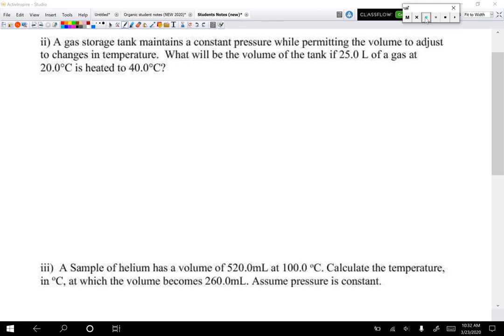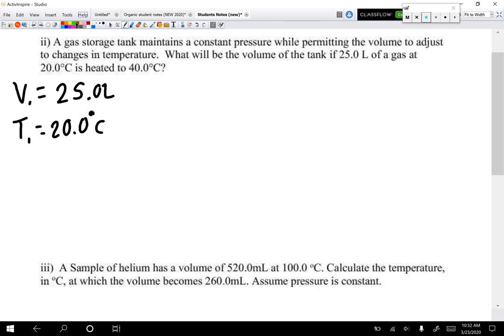All right. So writing out all of the variables, what we have right here, you can read through, but we start off with V1 is equal to 25.0 liters. Now our gas, our original temperature T1 is 20.0 degrees Celsius.